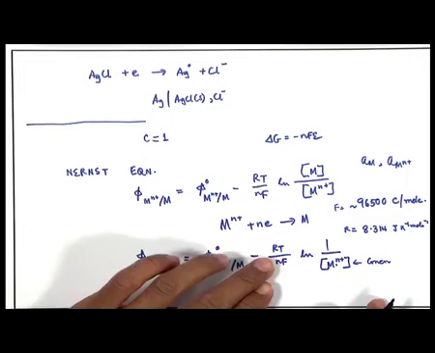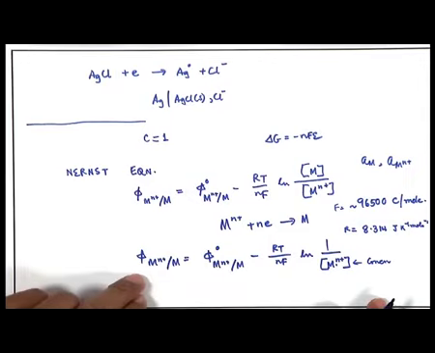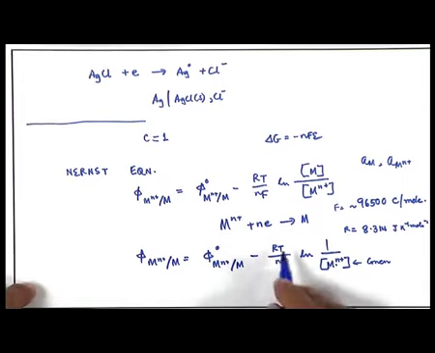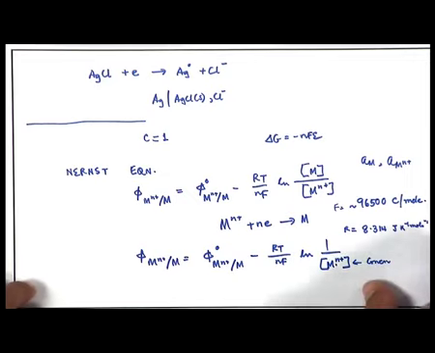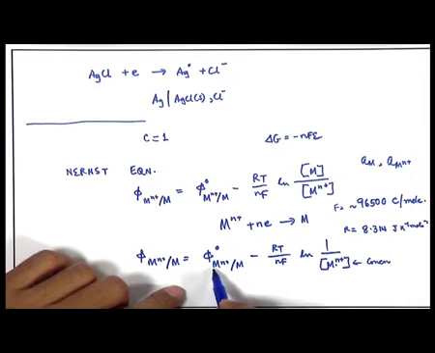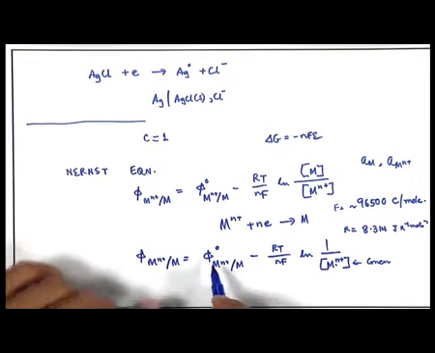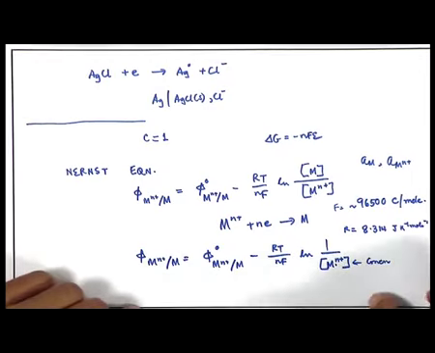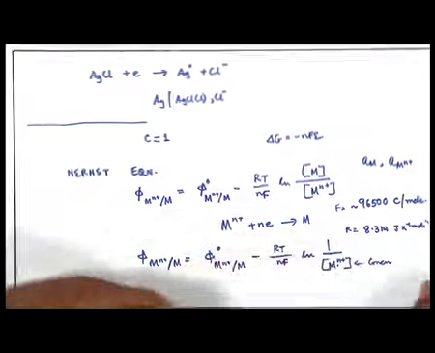The change in phi may not be that huge, but still there can be some change in the value of phi as you change the temperature. Okay. So, this is basically the standard reduction potential, and how to measure it, I already explained to you while discussing the construction of a cell with the standard hydrogen electrode.